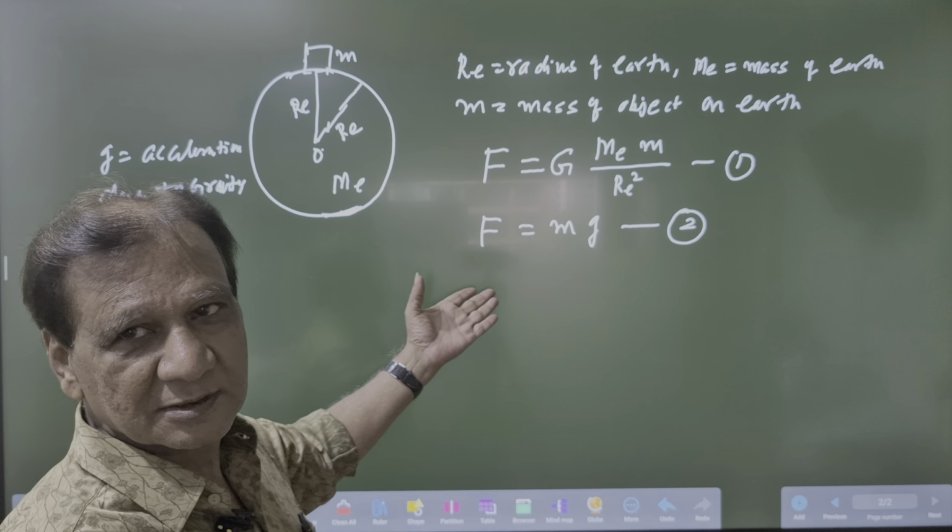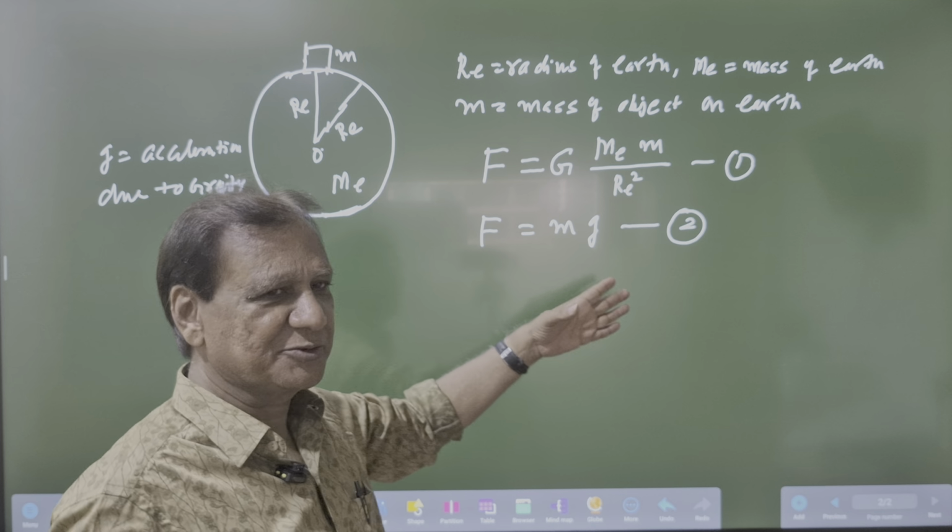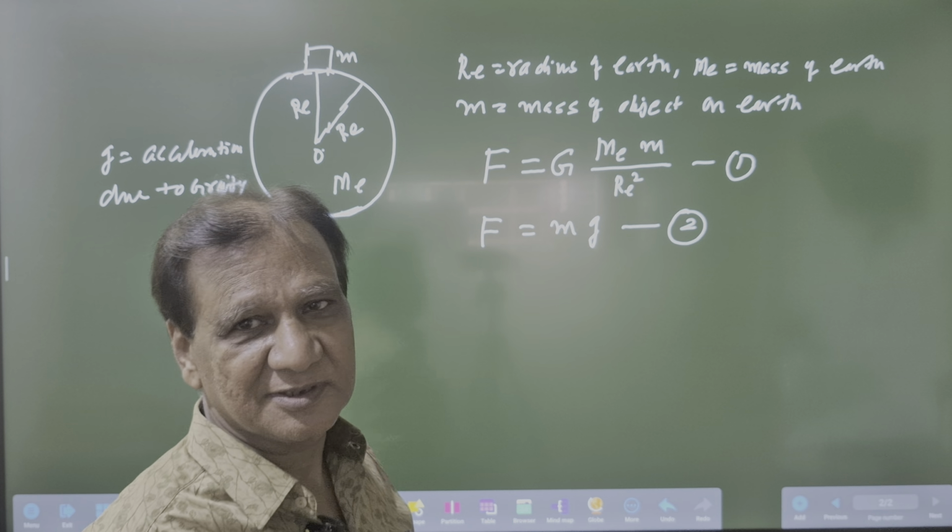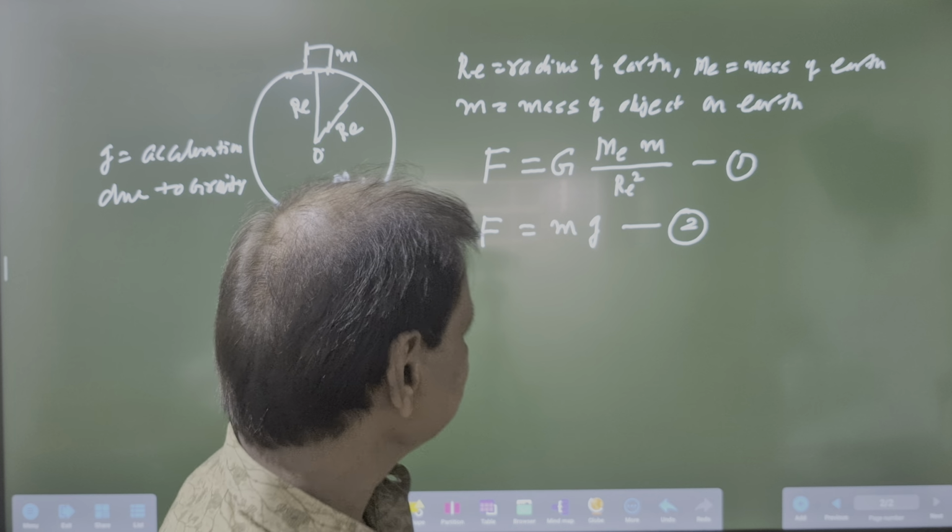Here, in Newton's second law, force equals mass into acceleration. M is the mass and g is the acceleration due to gravity.